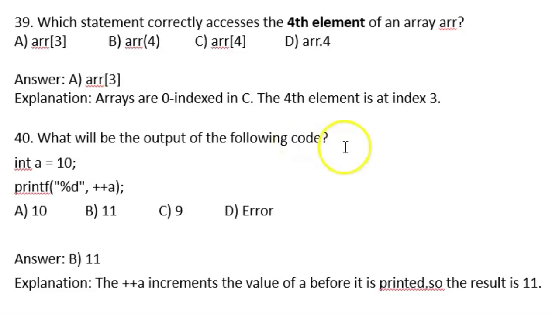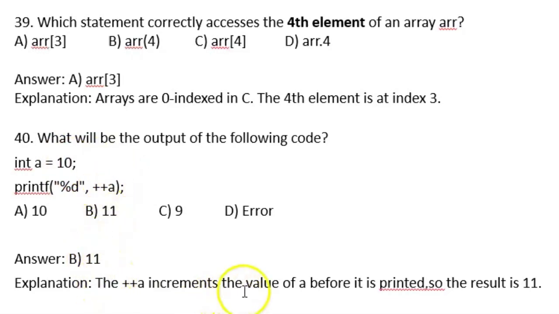Question 40. What will be the output of the following code? Int a is 10, printf plus plus a. Plus plus is pre-increment. a is 10, pre-increment of a is 11, increased by 1. 10 plus 1 is 11.